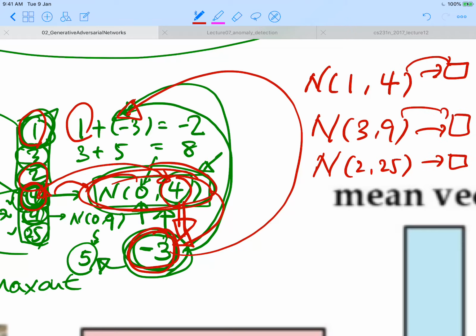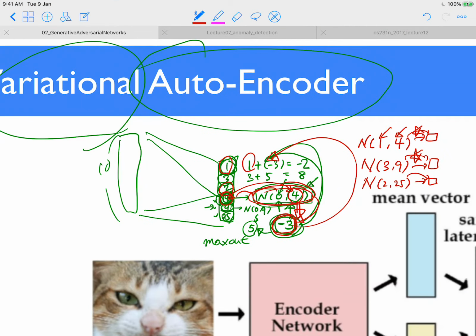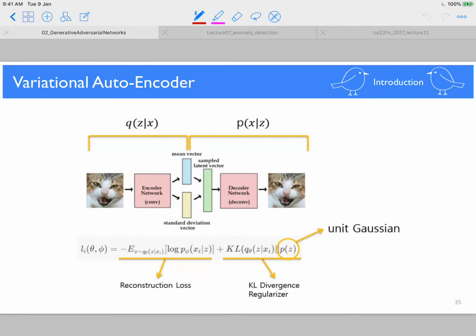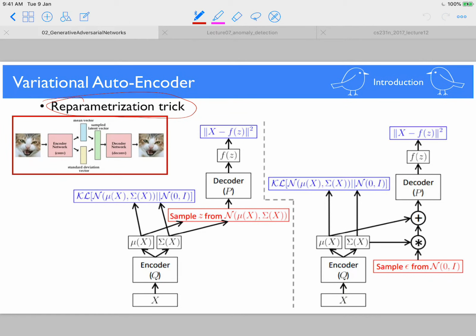Obtaining the random sample from these distributions is not differentiable, but we have to do the backpropagation through those two parameters, the mean and the variance, right? That way we can backpropagate through this part. To handle this issue, we apply something called the reparameterization trick.